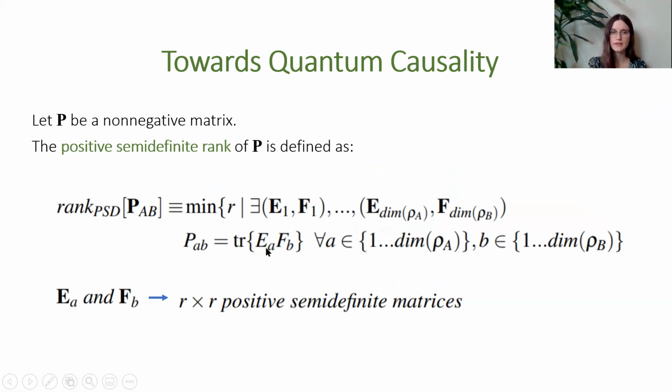And if we can make this decomposition, then the minimum number R for which we can make it, where R is the dimension of these two matrices, is called the positive semi-definite rank. This is an extension of what we had in the classical case, the non-negative rank. Now, with a quantum common cause, we have a positive semi-definite rank.